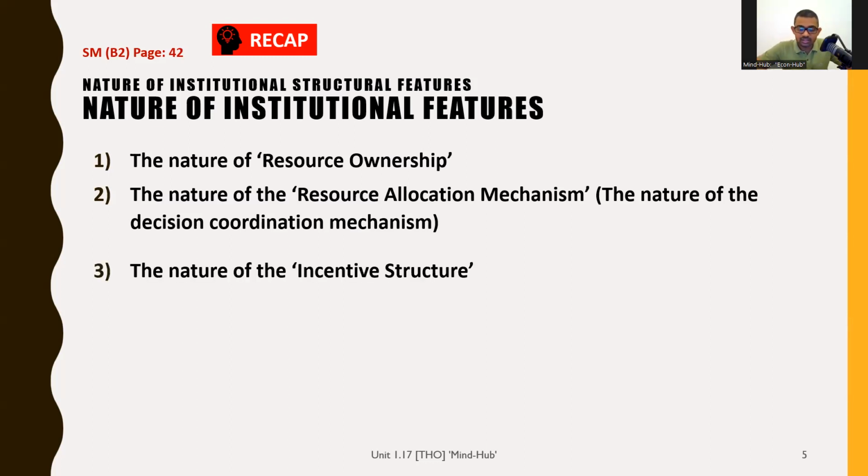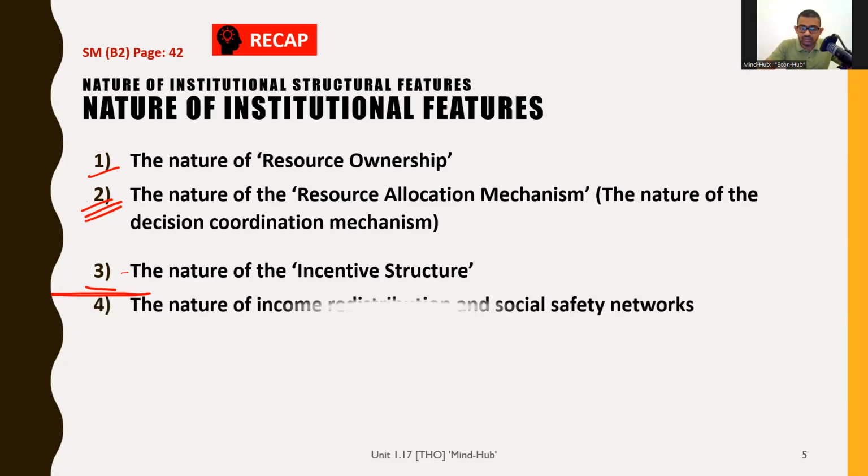Thirdly, the nature of incentive. It's very important that we are clear up to 3. Out of that, the first 2 are more important, and the second one is the key. We will realize that as we learn more. Then, Buddha, we have 2 more things: income redistribution and social safety networks, and politics and ideology.